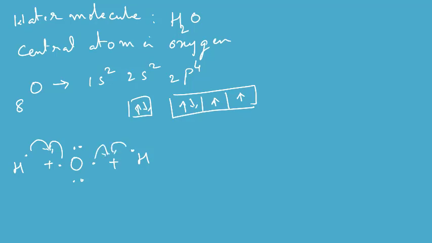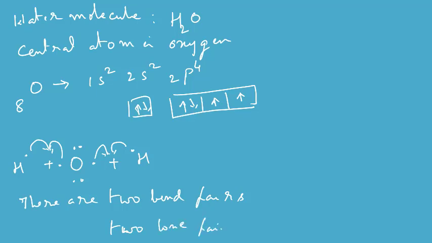Therefore, in the water molecule there are 2 bond pairs and 2 lone pairs. Lone pairs means unshared pairs of electrons.